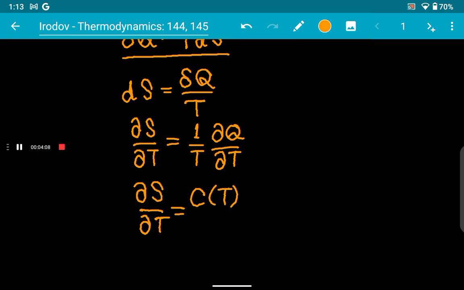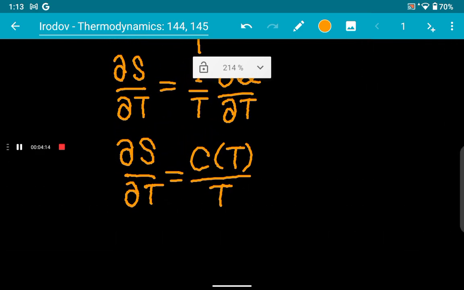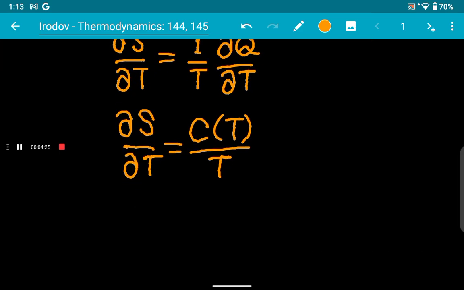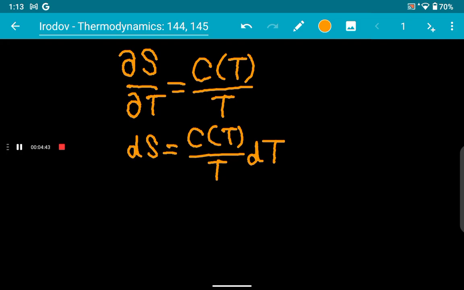Let's write it as C(T). It's not a necessity that C is constant. You will see problems where C is a function of temperature. So anyway, we can write that dS is equal to C(T) by T dT. Though it's a partial differential equation, we may write this in this case because there are no other variables other than T.